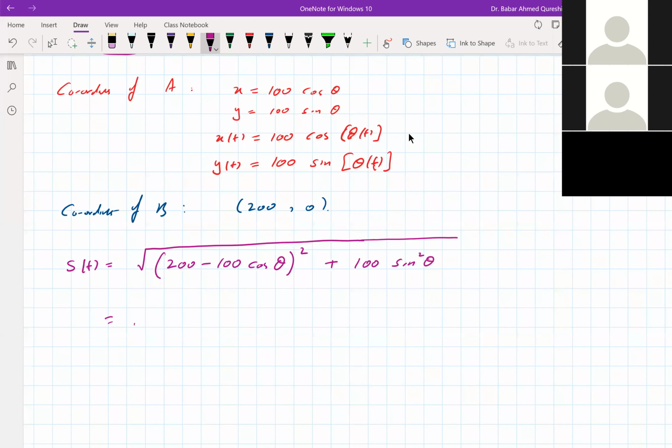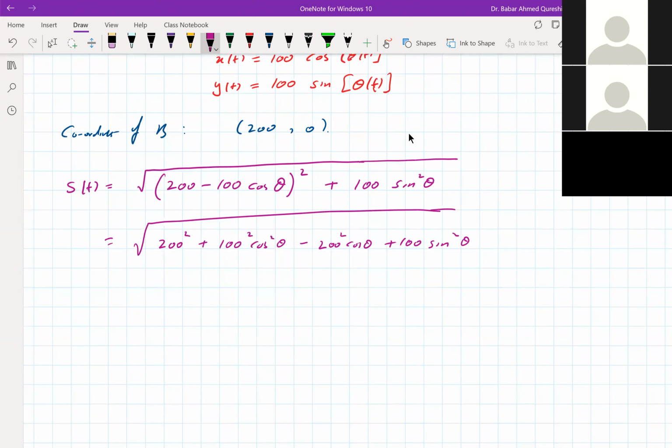If I want, I can open this up: 200 square plus 100 square cosine square theta minus 2 times 200 times 100 cosine theta plus 100 square sine square theta.